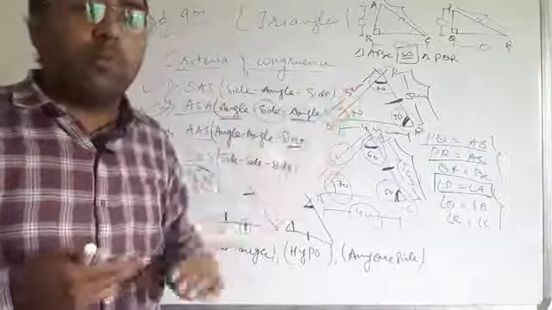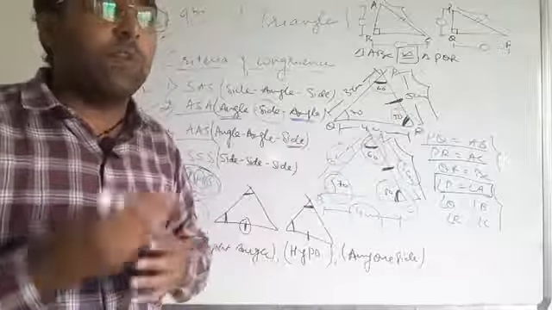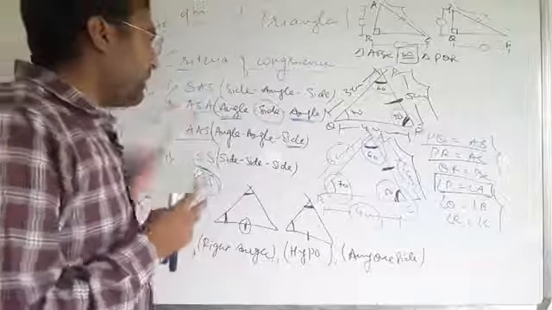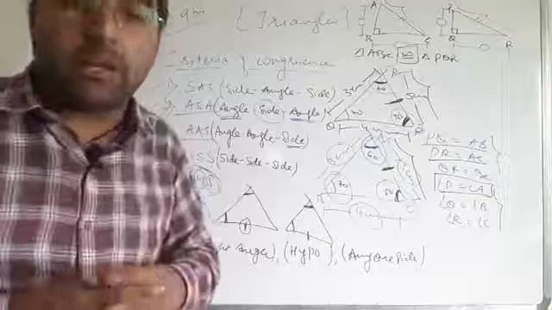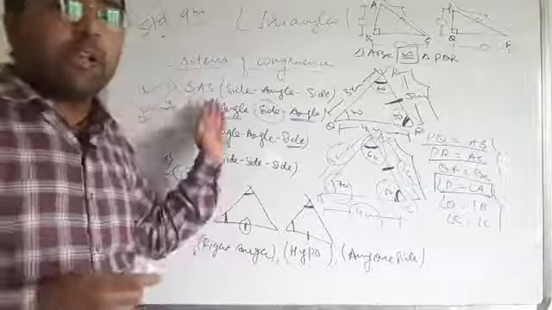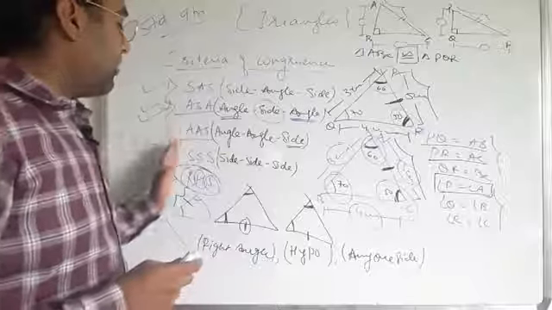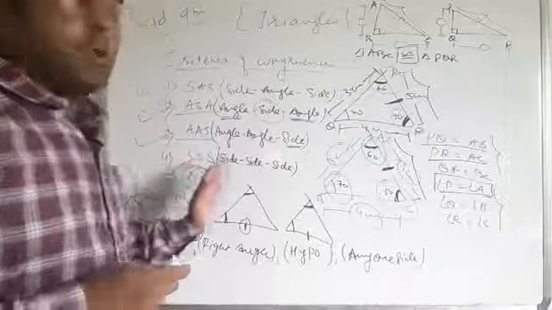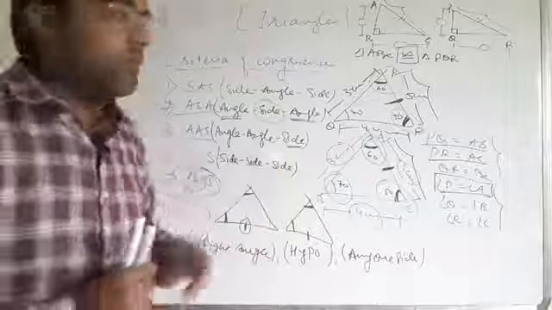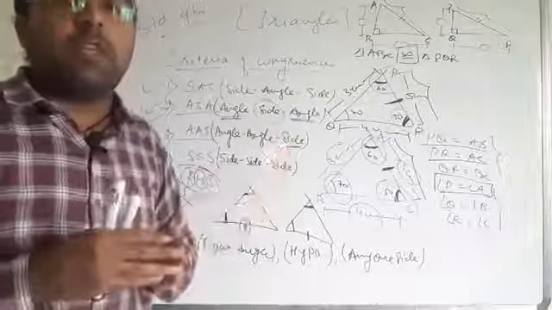If we have to prove whether two triangles or two figures are congruent or not, we must use their criteria. The criteria are: first, side angle side; second, angle side angle; third, angle angle side; fourth, side side side; and fifth, RHS, that is right angle, hypotenuse, and one side.